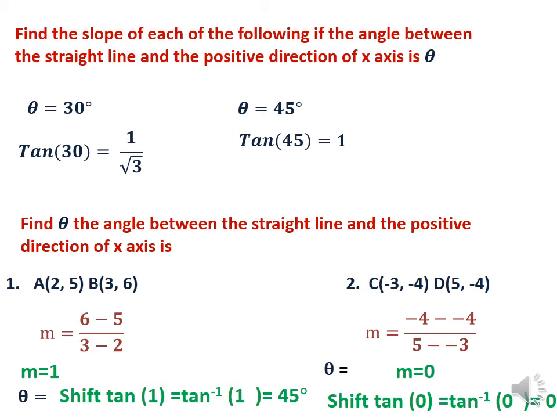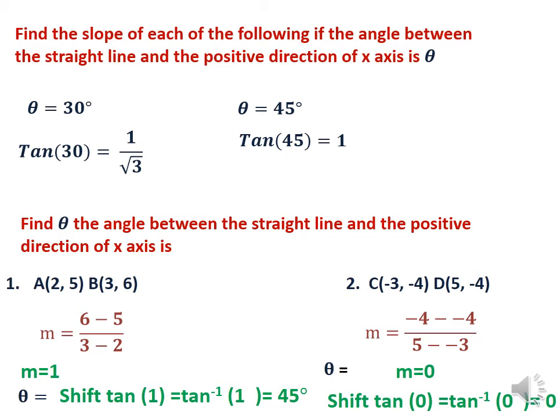How to find it? First, find the slope of the straight line, y2 minus y1 over x2 minus x1. As we said before, if y2 equals y1, that means the straight line is parallel to the x-axis, right? So the slope will be 0. Finally, I can say that m equals 0. How to find the angle in this case?